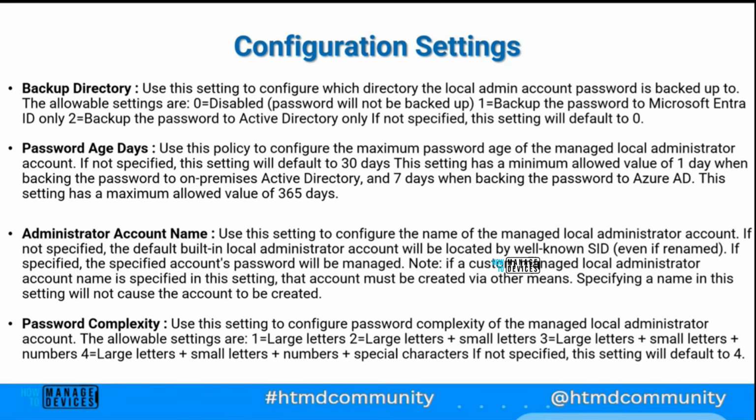Once we configure these settings on a device, I will show you the registry and the event log settings that will target either 0 or 1 based on our settings. If it is 0, it will be disabled, 1 is backup the password to Azure Microsoft Entra ID, or 2 is for the traditional Active Directory method. If it is not specified, it will default to 0. So that is the very first setting.